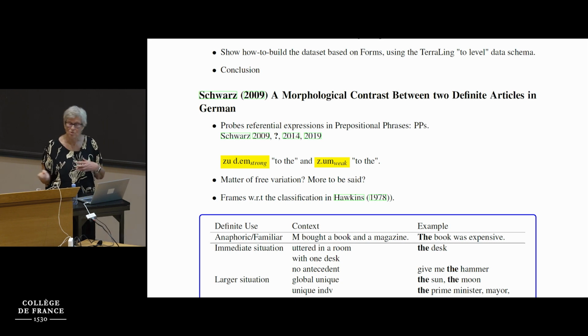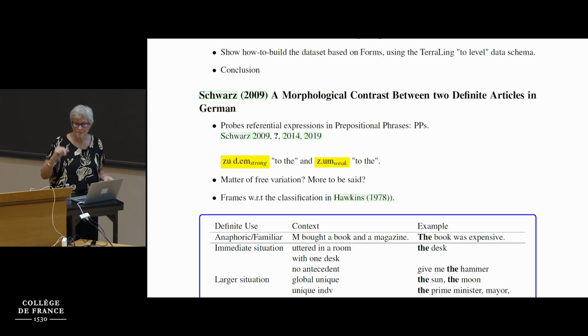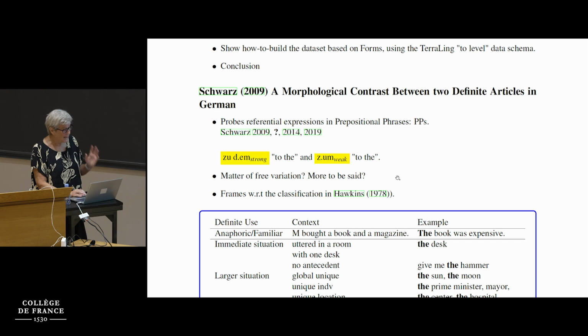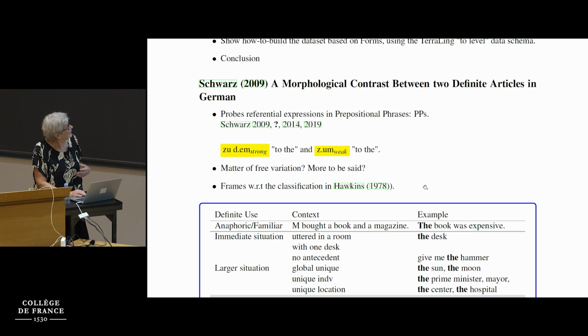You can pronounce your definite determiner in two ways, either by a strong determiner or a weak, contracted determiner. Maybe if you speak faster, you will contract. But what he actually shows is that this is not a matter of free variation. So it's not a matter of the phonology. There's much more to be said, and what you can say about it is really interesting.